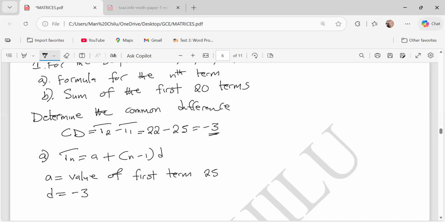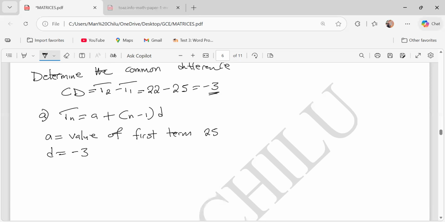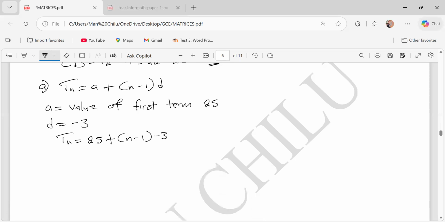So what we need to do here now is to plug in the values. Tn is equal to 25 plus n minus 1 multiplied by negative 3. So our Tn will be equal to 25 plus negative 3 times n, that will be negative 3n. Negative 3 times negative 1 will be positive 3.